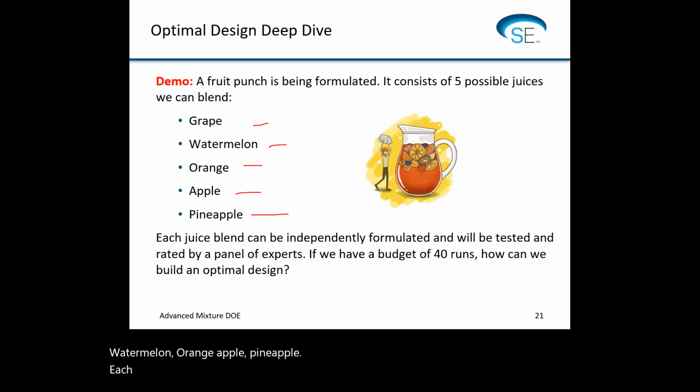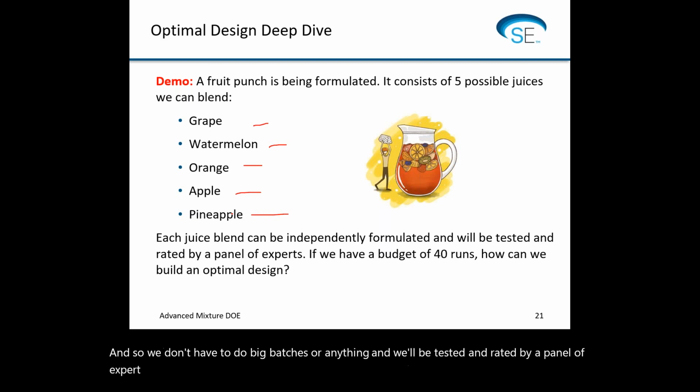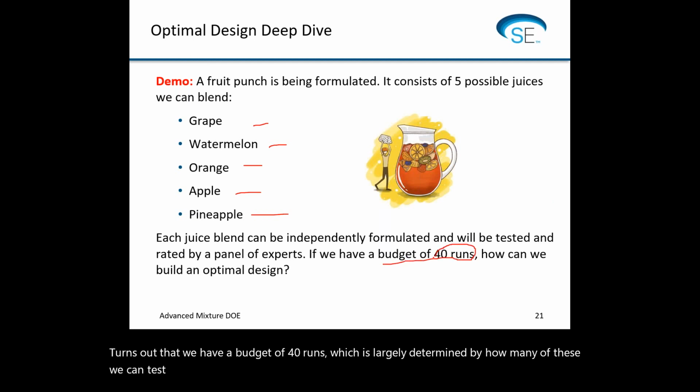Each juice blend can be independently formulated, so we don't have to do big batches or anything, and will be tested and rated by a panel of experts. It turns out that we have a budget of 40 runs, which is largely determined by how many of these we can test, because making a blend of fruit punch is pretty quick.